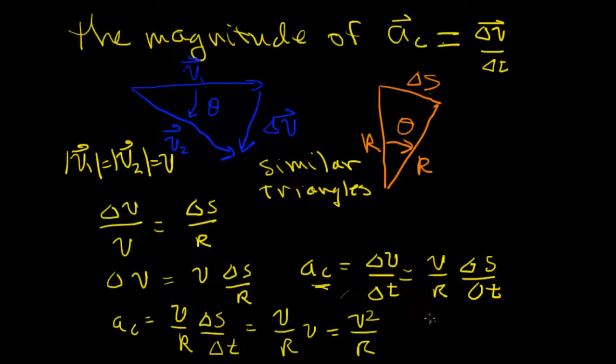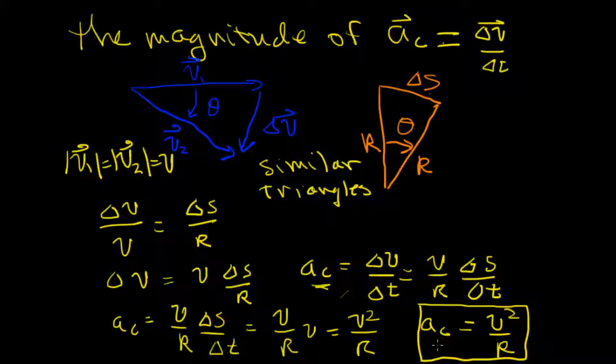And so the magnitude of the centripetal acceleration, I'm writing it this way without the vector line above it to indicate that I'm just talking about the magnitude, is v squared over r. And this is true for any object moving at constant speed in a circle. That's the definition of the magnitude of the centripetal acceleration. The direction of the centripetal acceleration is always towards the center of the circle.